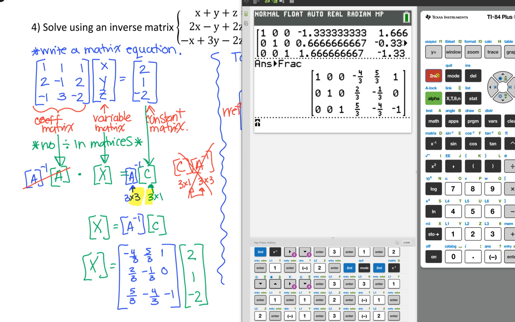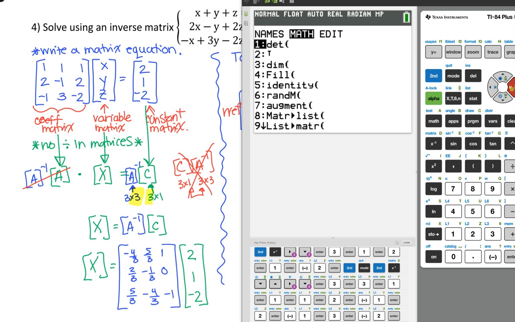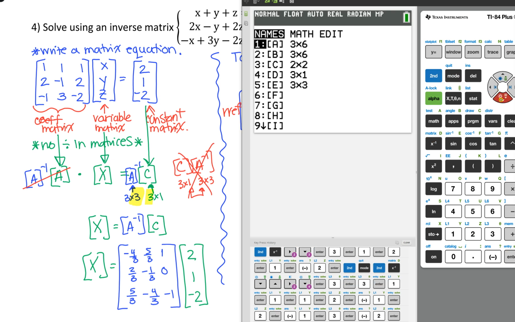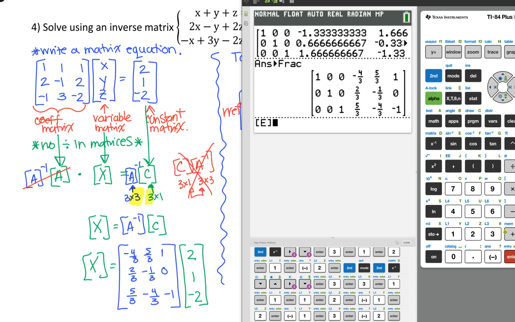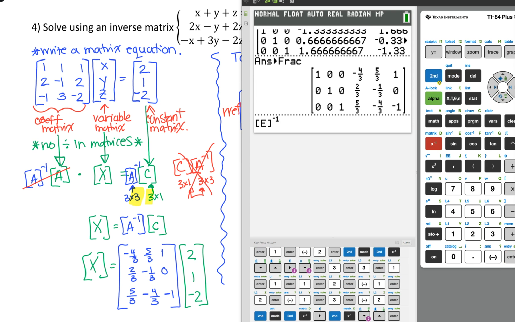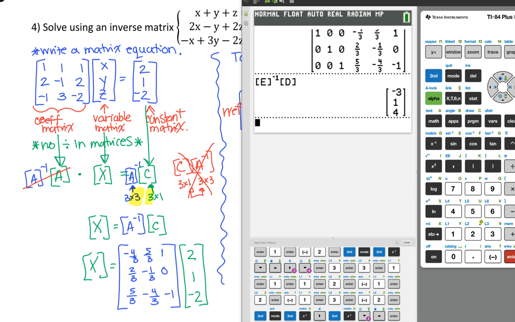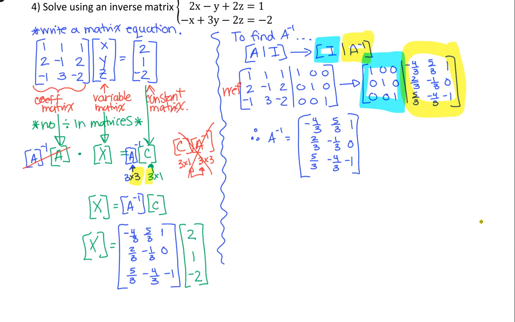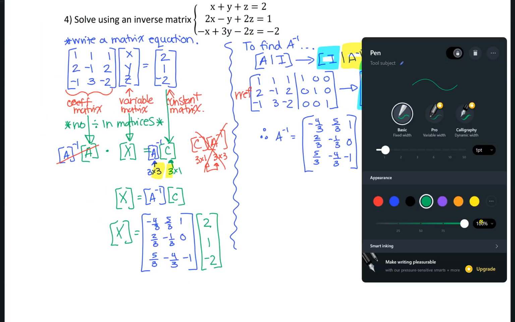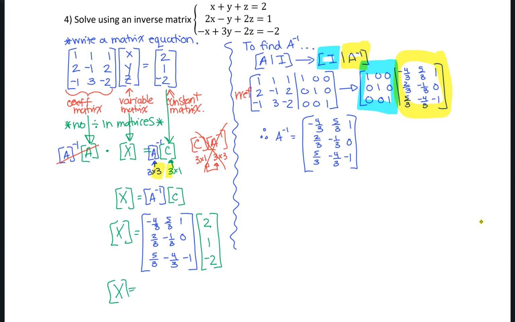So now I can go to math, and I want to go out of there. I'm going to first choose matrix E, and I want the inverse of that one, so the inverse, and then times matrix D, which was my C that I put in here. And if I press enter, that's going to give me my answer. So matrix X is equal to negative 3, 1, 4. Which means then for my system, my answer is negative 3, 1, 4.